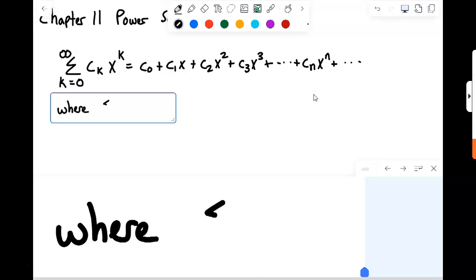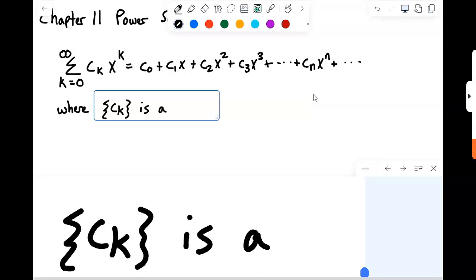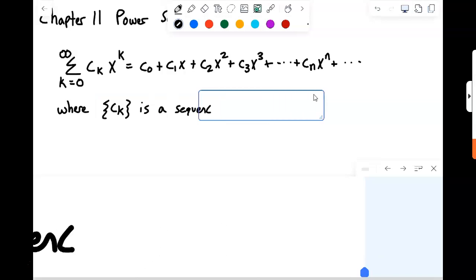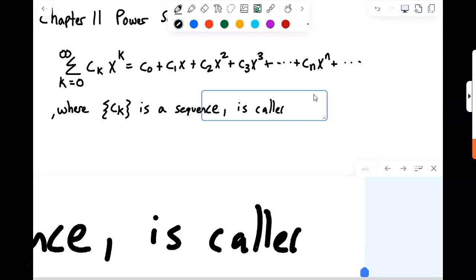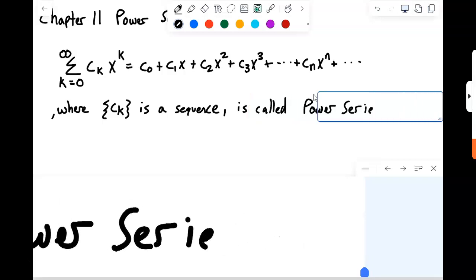So that series, which is a polynomial in the variable x, an infinite polynomial, where c sub k is a sequence, is called a power series. What we're going to talk about in this chapter 11 is this infinite polynomial, which for some values of x will actually converge to an actual closed function.